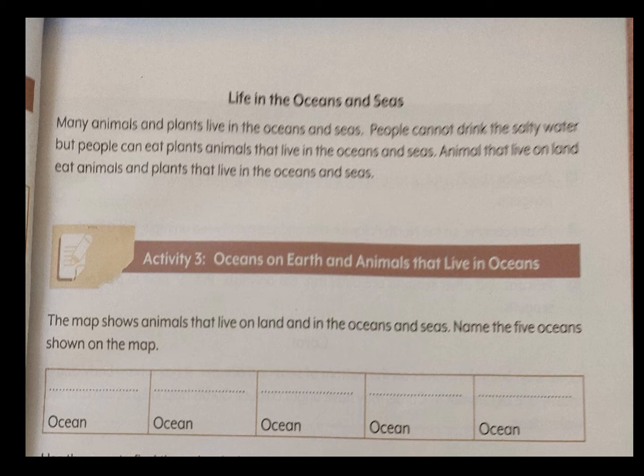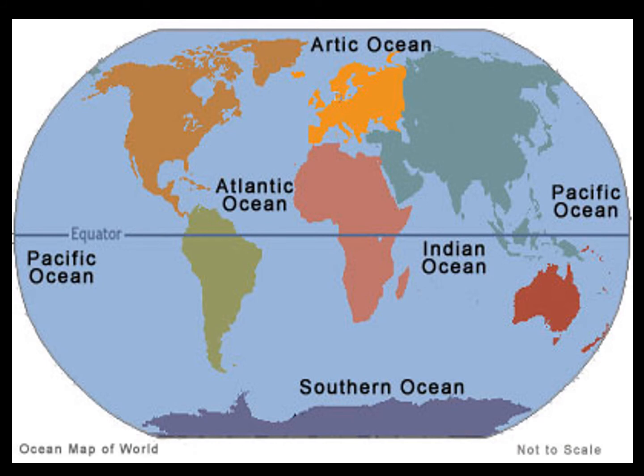Here you will write the names of the 5 oceans that we have already learned. Here is the map again, and here are the names of the oceans. You can check if you have written the answers correctly.